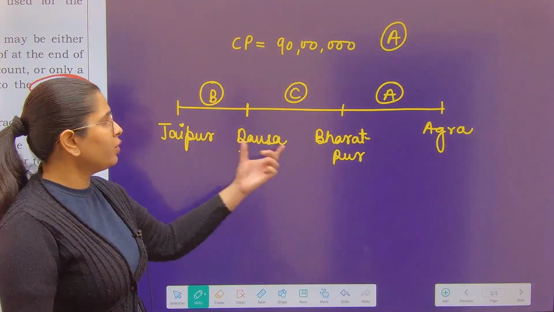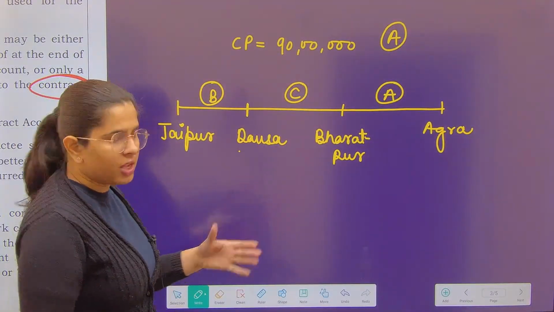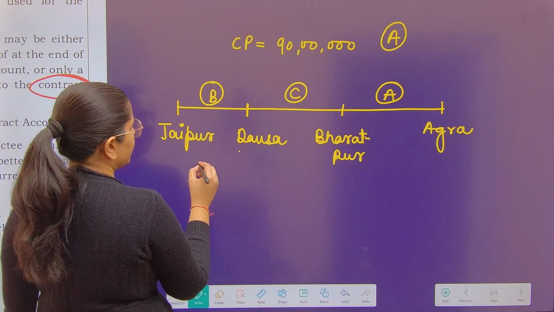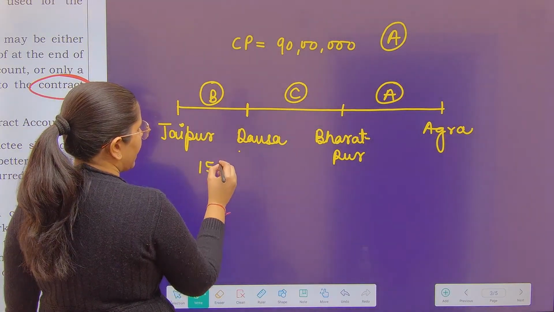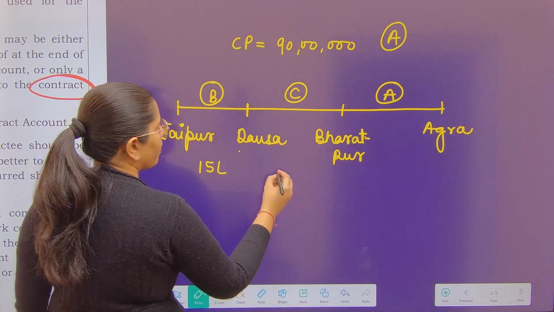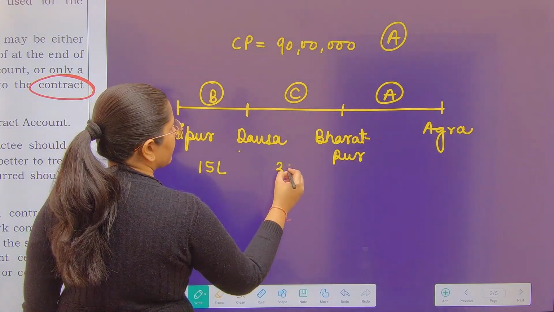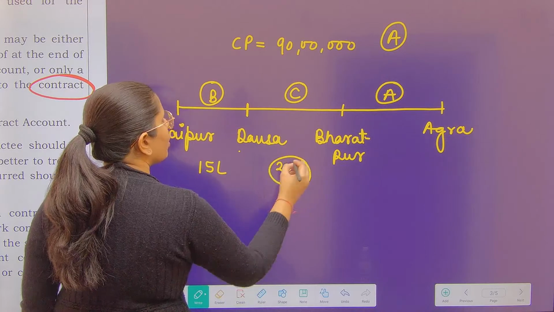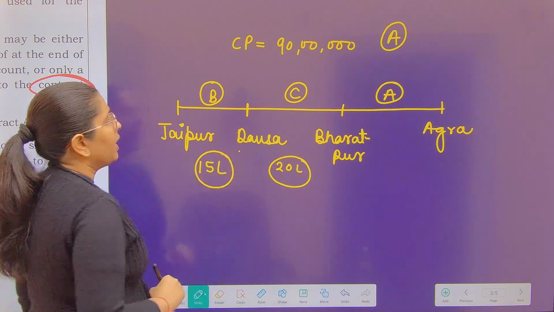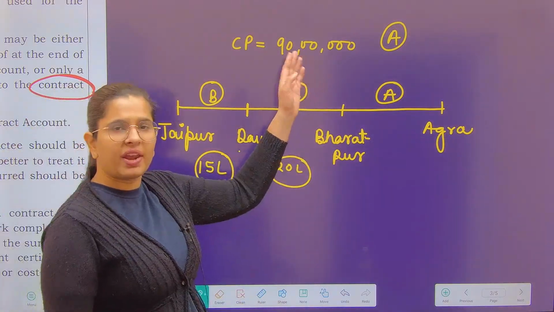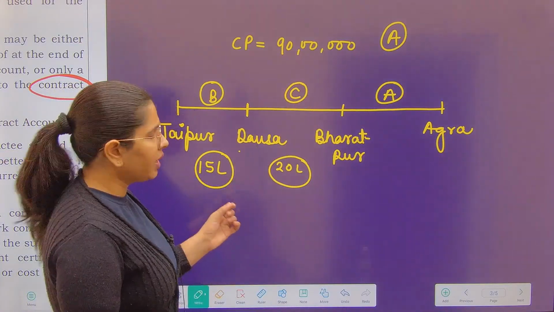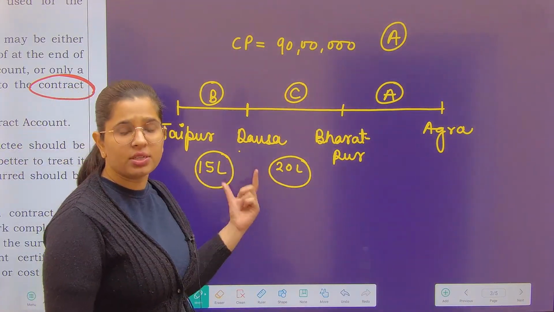So I have to give them the price as well. So I promised this person that I will pay you 15 lakhs. To this one I promise that I will pay you 20 lakhs. Correct? So now this is also my expense. In order to earn the income of 90 lakhs, I have to incur such kind of expenditures as well.